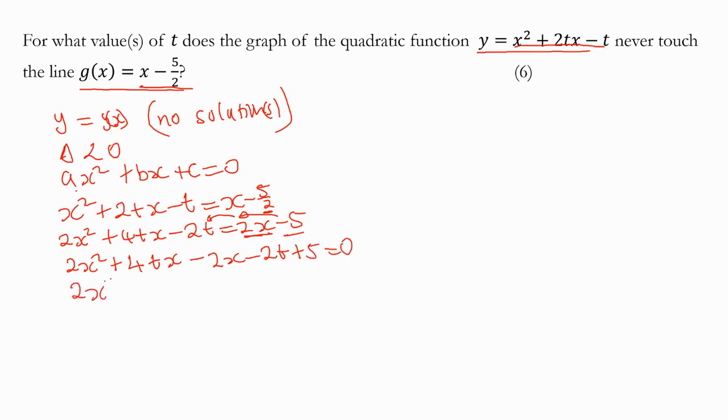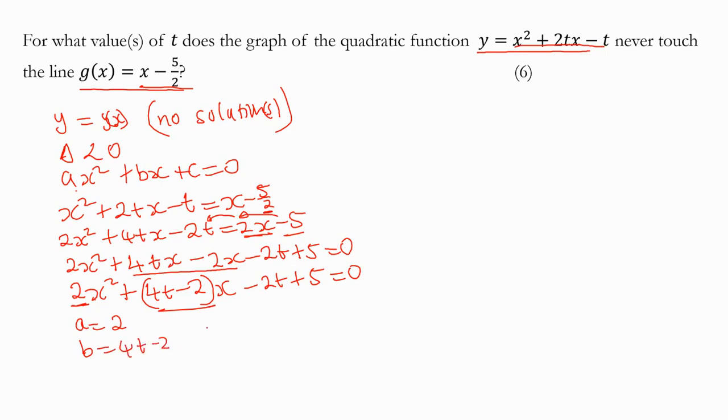This is 2x squared, and then let me factor out x for these two, so it's 4t minus 2 times x, then minus 2t plus 5 is equal to 0. Then a, the coefficient of x squared, is equal to 2. Then b, the coefficient of x, is equal to 4t minus 2. And then c will be equal to negative 2t plus 5. Okay, now we have our a, b, and c.